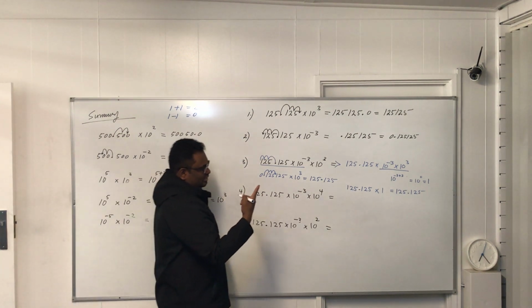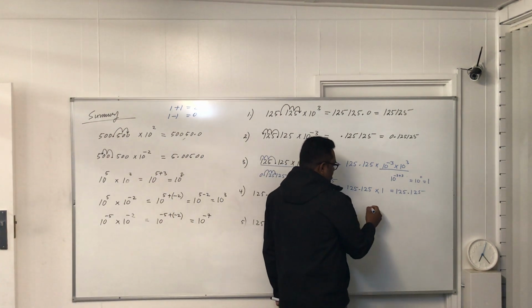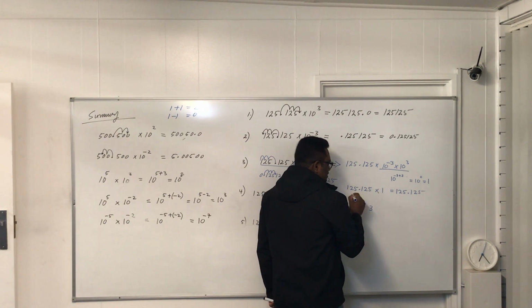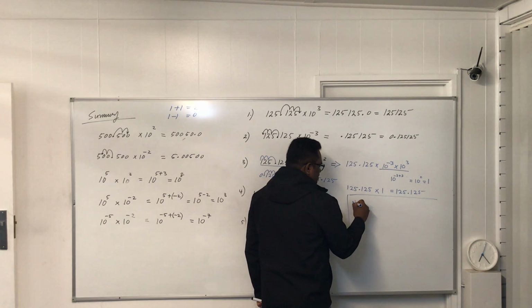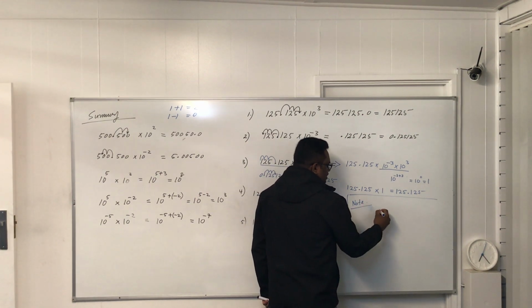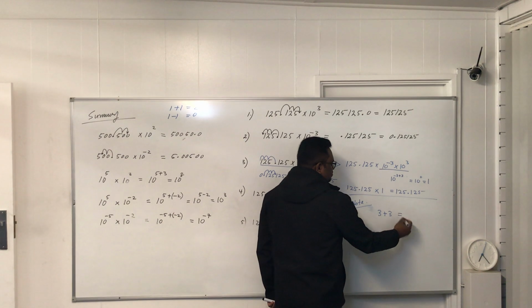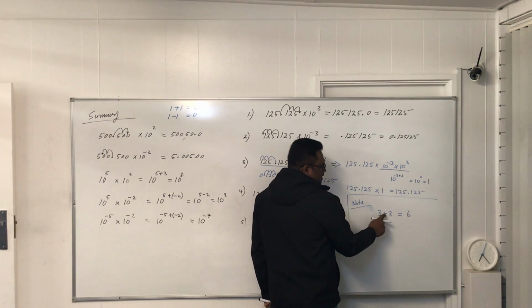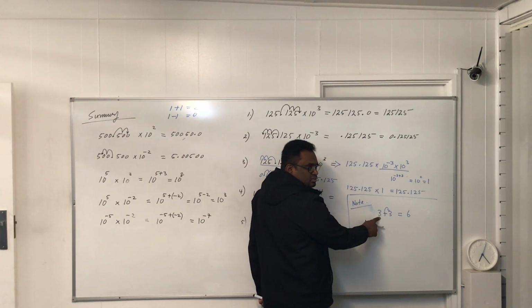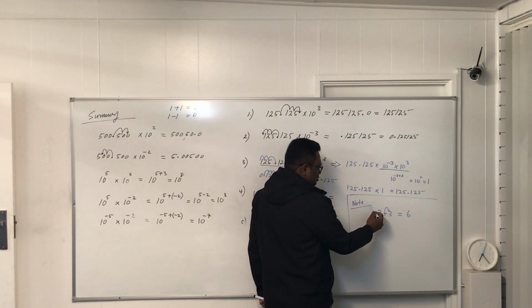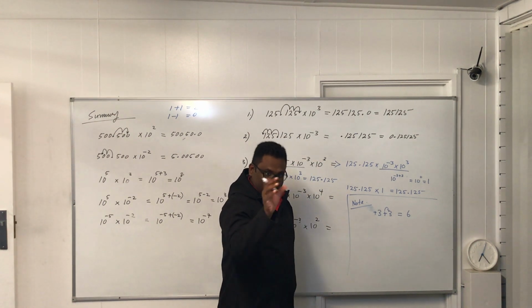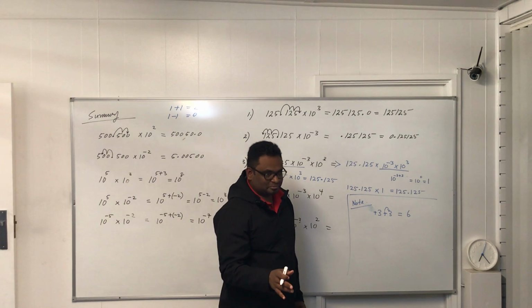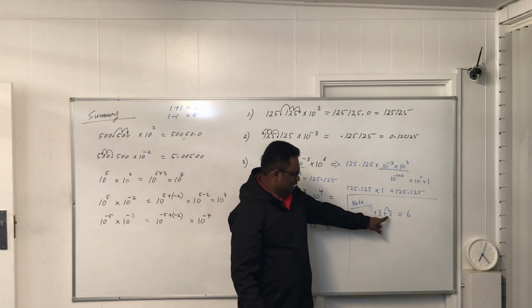The way I wrote it is maybe confusing. Look, 3 plus 3, what is the answer? 6. Why is it 6? This plus belongs to this one, and what belongs to this one? There is an invisible plus sign. If there is nothing, there is a plus sign, which is invisible. So this is actually plus 3 plus 3.